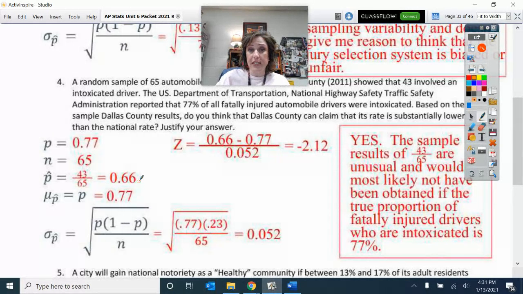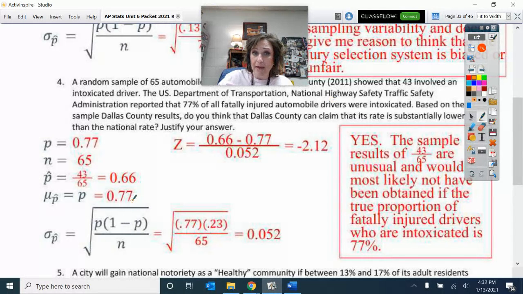Well, that's 66%. So is that enough for me to say, woohoo, Dallas, awesome. Is this about Dallas? Okay, Dallas County, yes, you are awesome. Good job. You have lowered the intoxicated driver death rate in your county. Or is it just because of sampling variability?